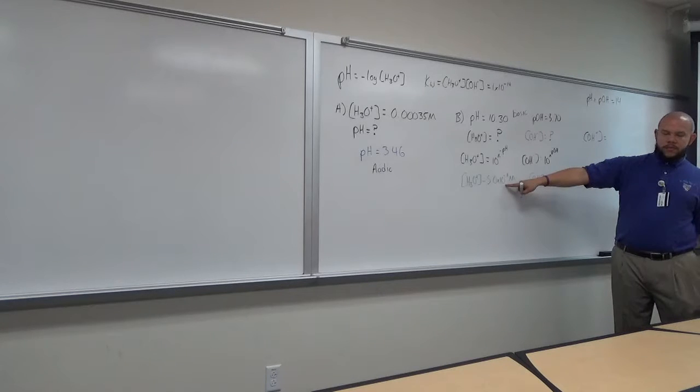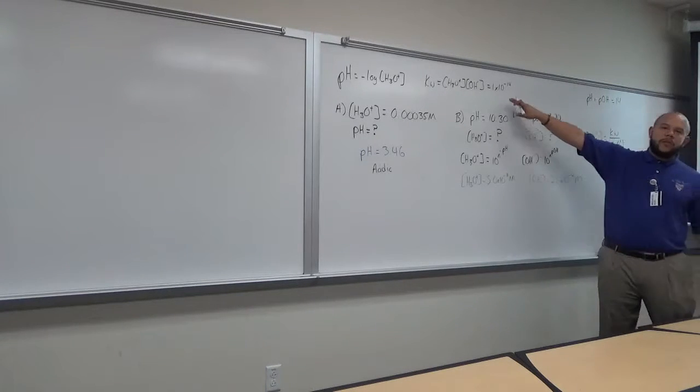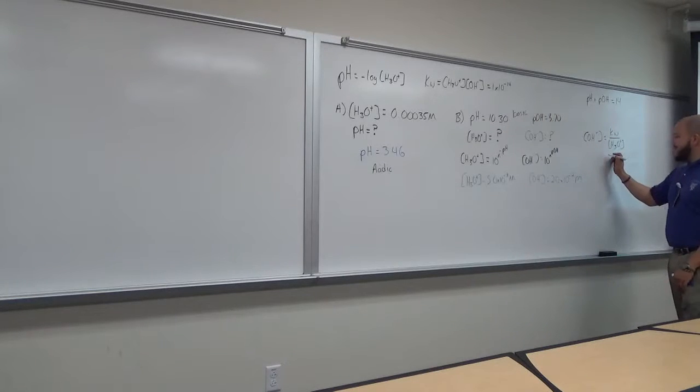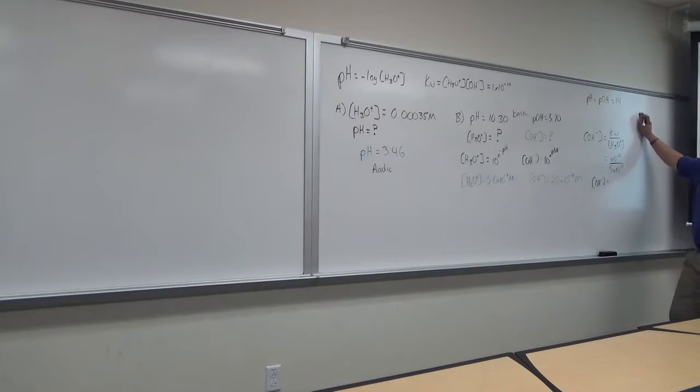You could take Kw over H3O plus, because of this relationship, and this has to equal the same thing. 10 to the negative 14 over 5 times 10 to the negative 11 gives you hydroxide. Should give you this number.